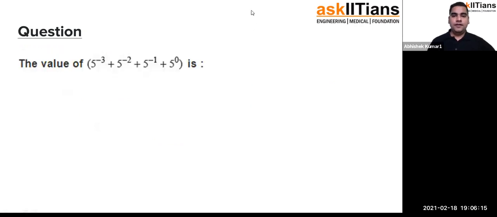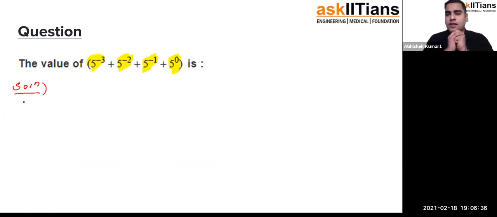Okay, good question. So this is problem 2. They are asking us what is the value of 5 raised to the power minus 3, 5 raised to the power minus 2, 5 raised to the power minus 1 plus 5 raised to the power 0. Okay, so which property should we use here, guys?